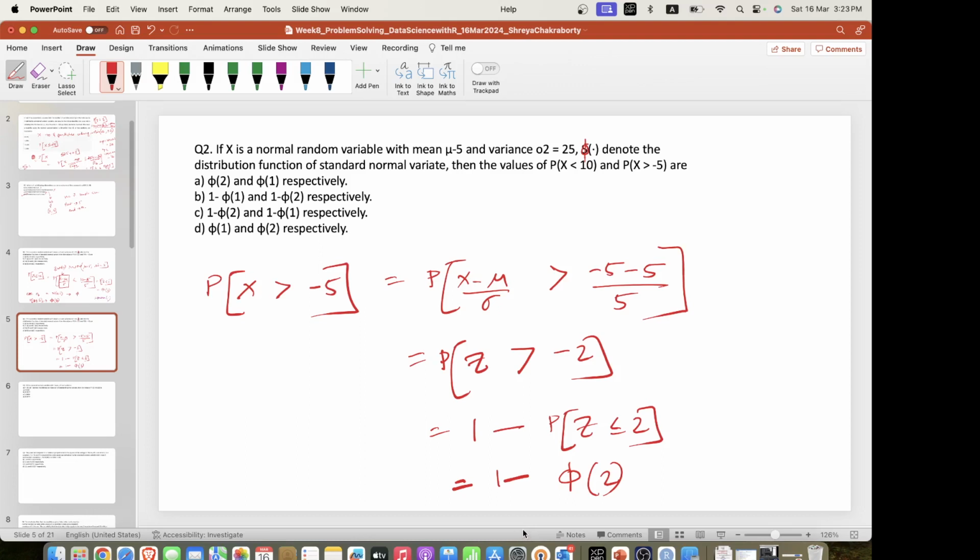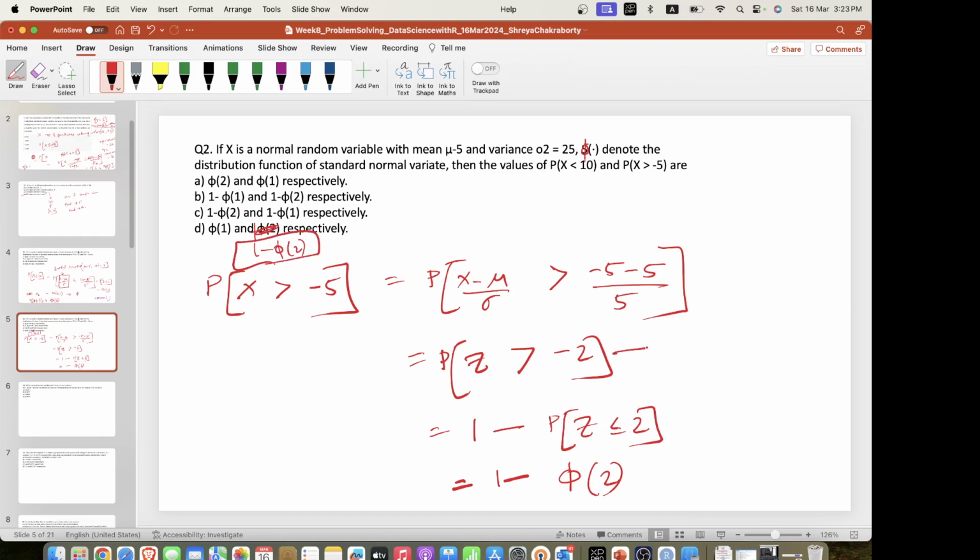I think the options are a little bit different. It should be 1 minus phi 2. Now how will you calculate this in R? Two ways.